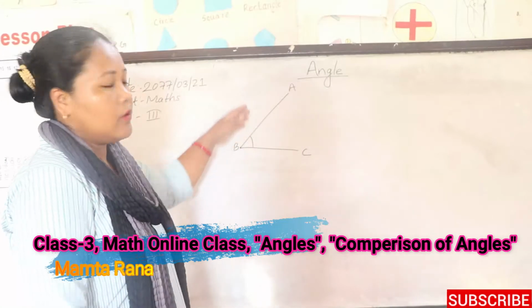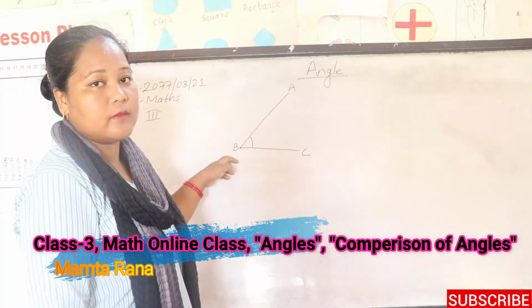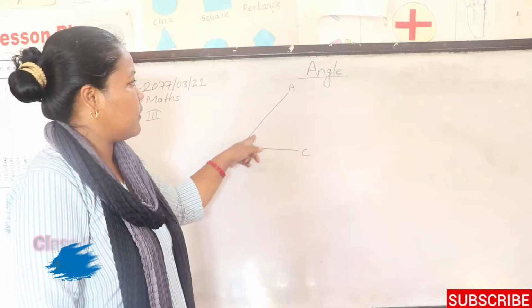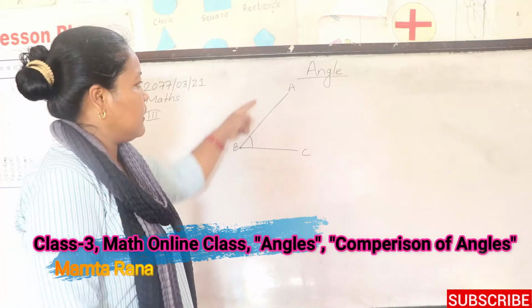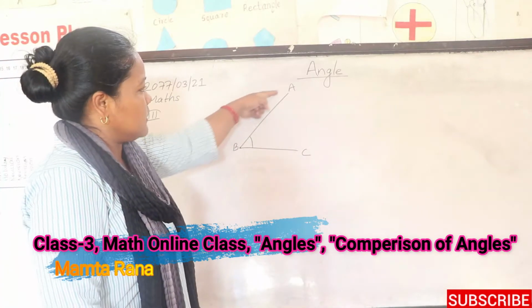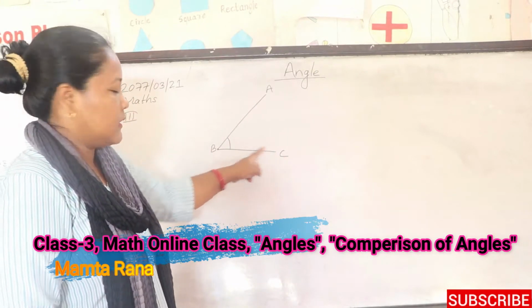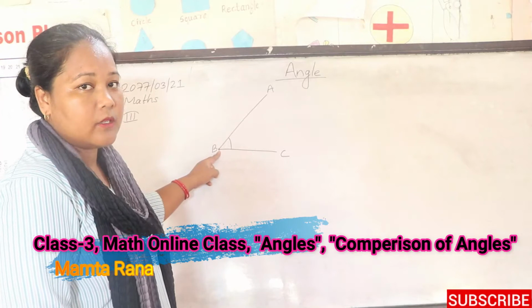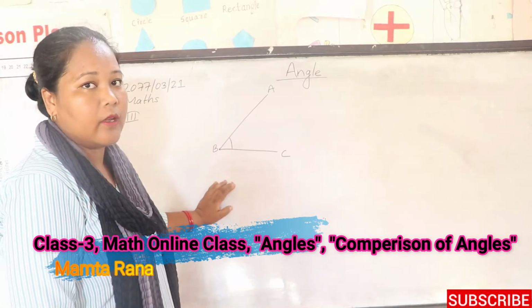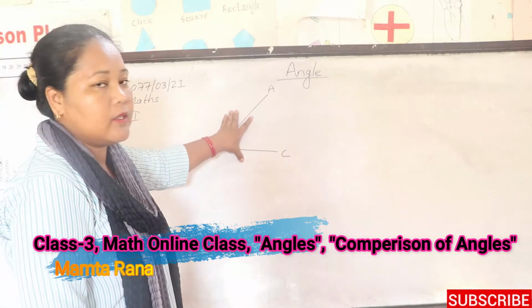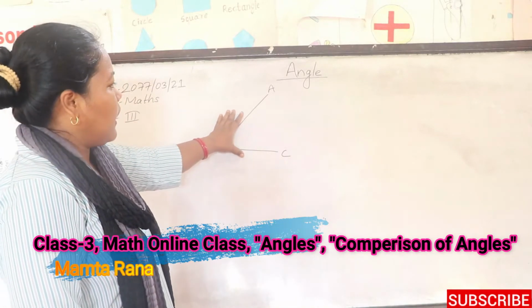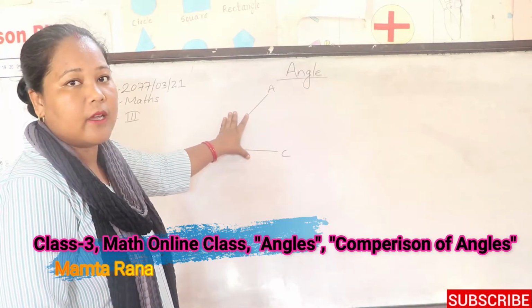When two line segments meet at a point, they form an angle. Look, this line segment AB and this line segment BC meet at a point B, and they form an angle. How to say the name of this angle?